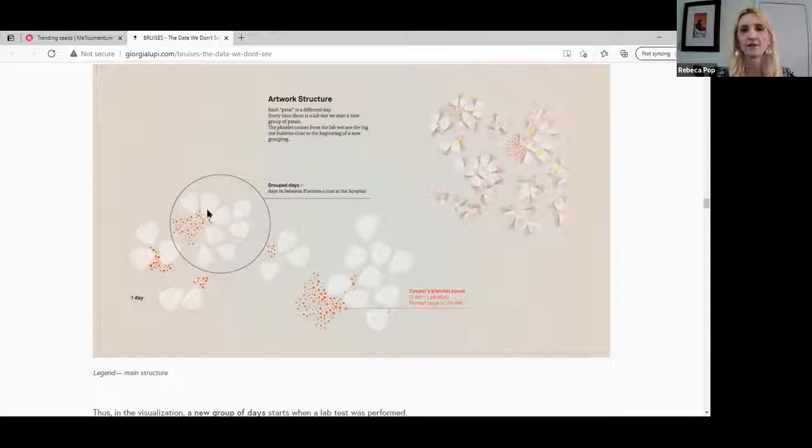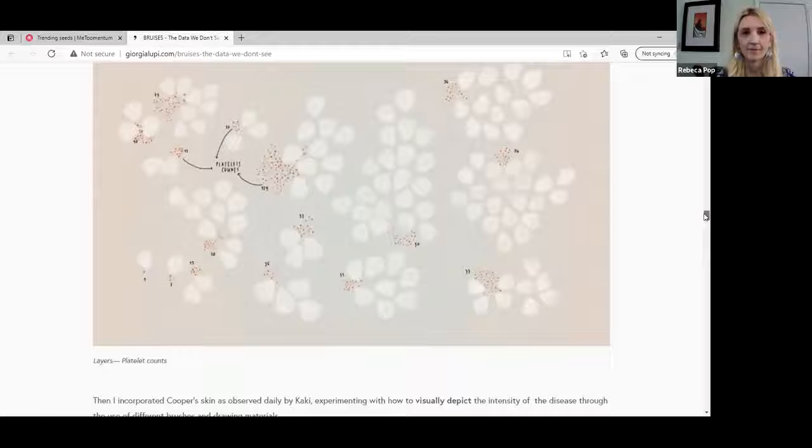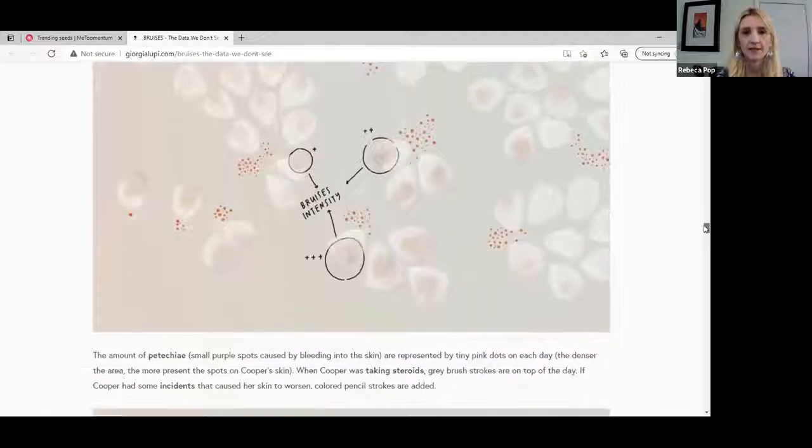For example, here there's a new one, here there's a new one, so on and so forth. Then the platelet counts from the lab tests are the big red bubbles. So this one's here. And then, as you scroll down, you have these purple shades. Those are the intensity of the bruises. And of course, purple makes you think of bruises.